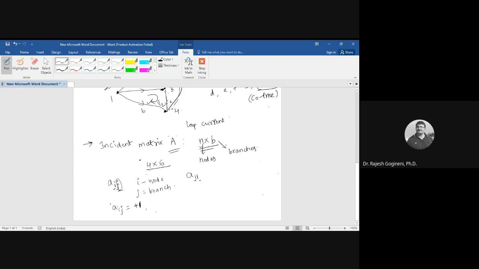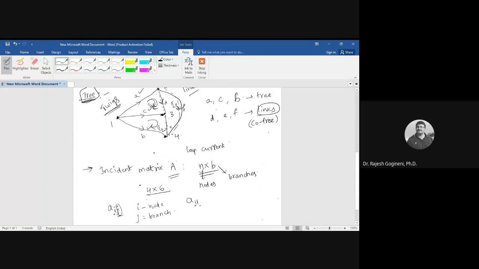Why is it called incident? See here, if you take node 1 in this diagram, branch A is said to be incident on node 1 because it is connected to node 1. Similarly, branch C is also incident on node 1, as well as B. Here the direction of this branch is away from node 1.